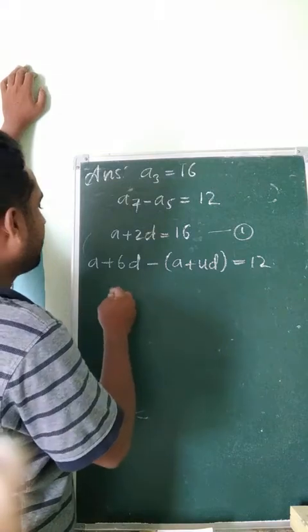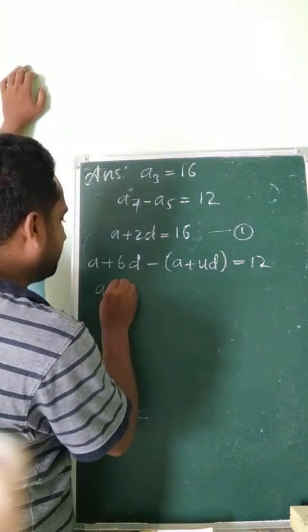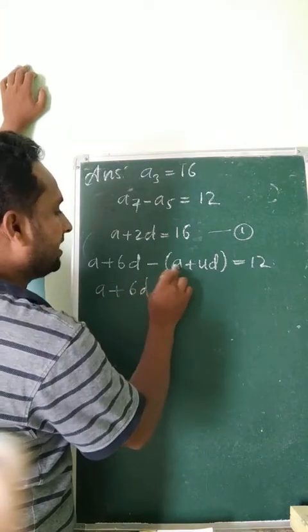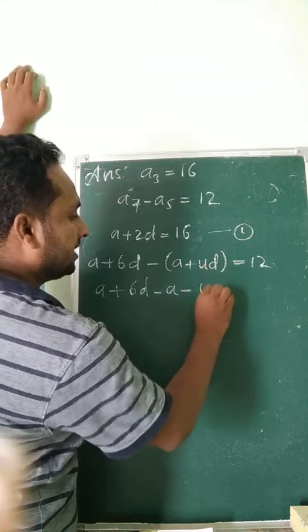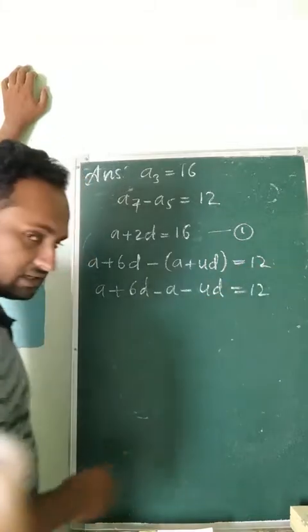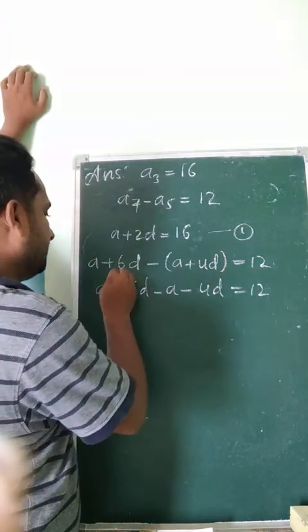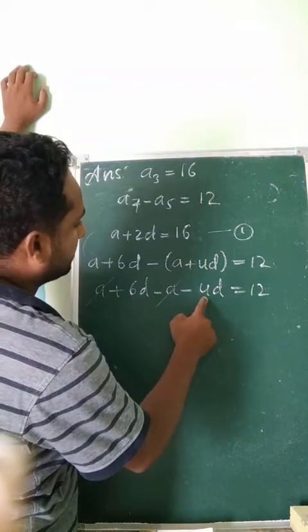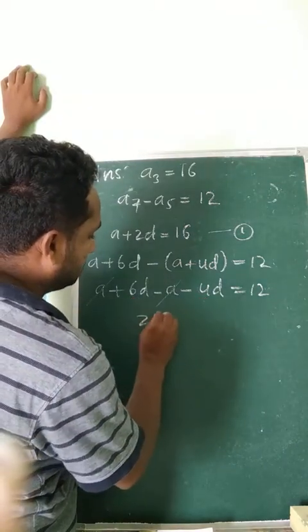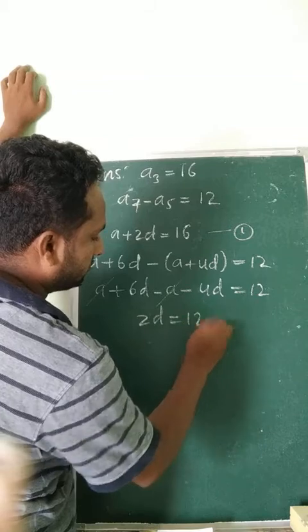Then simplify, open the bracket first. Now A plus 6D minus A minus 4D is equal to 12. Then simplification, plus A minus A get cancel. 6D minus 4D is 2D is equal to 12.